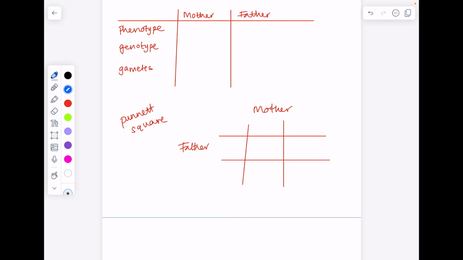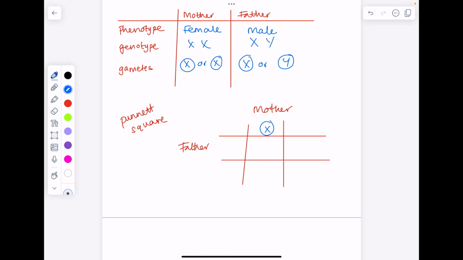So we know that the mother is going to be female, the father is male. I've already said that the sex chromosomes in females is XX, in males it's XY. So that means all of the female's eggs will contain an X. Half of the male sperm will be female, the other half will be male because they'll contain a Y. And again, you're ready to get going.